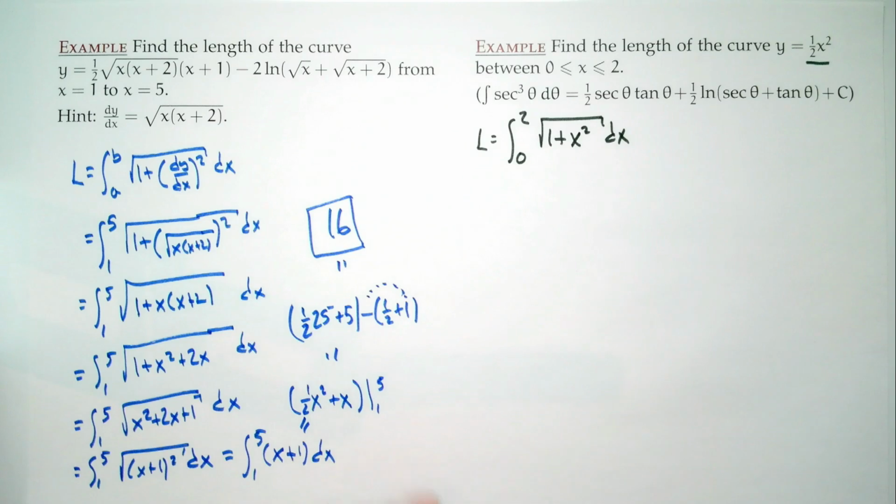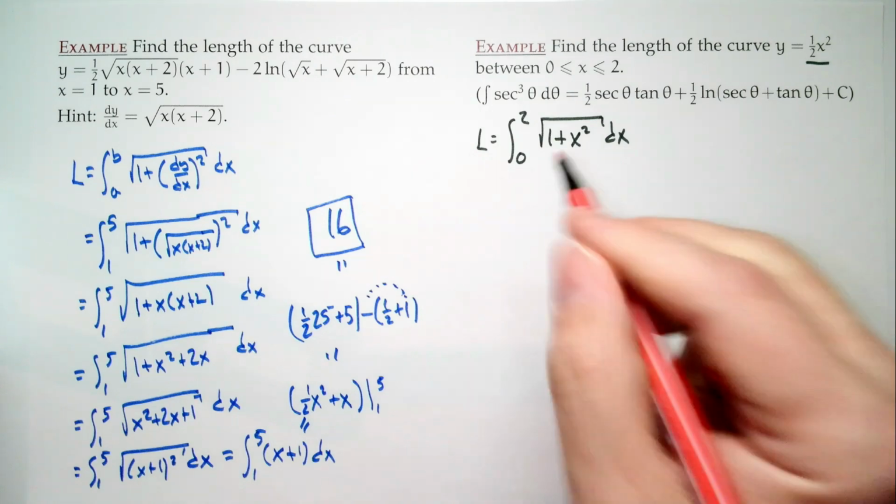All right, how do we handle such a thing? Well, it's not complete the square because there's no x term. Someone said tangent. What does that mean when you say tangent? It's trig sub. Nice. Good thing we learned that technique. It's coming in very handy here.